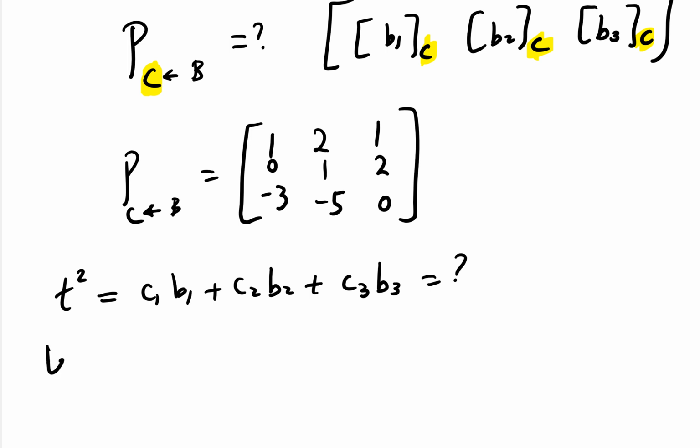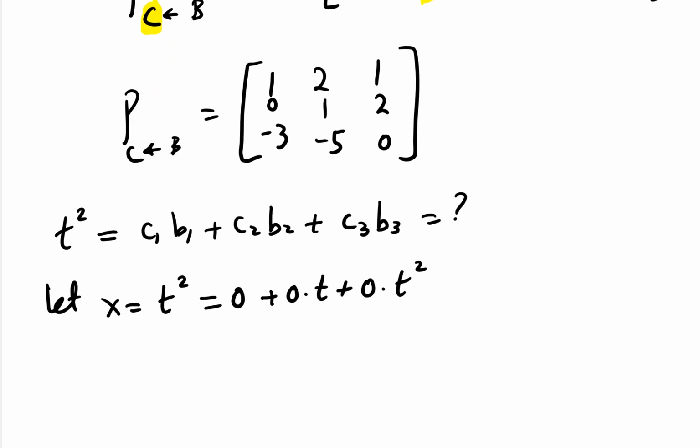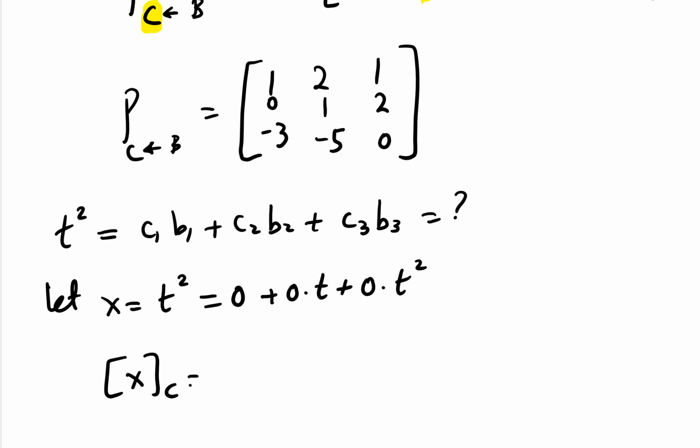To start, we let x equal t squared. That's the one we're trying to write, or 0 plus 0t plus 1t squared. Now, x in the basis C is 0, 0, 1 from here.